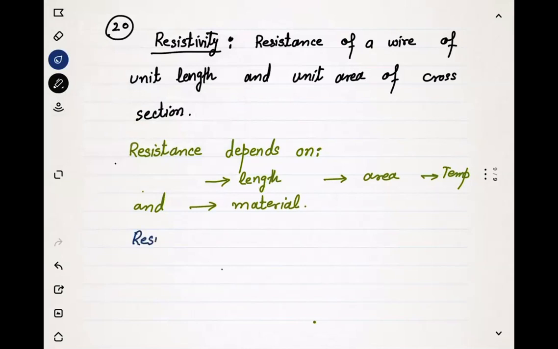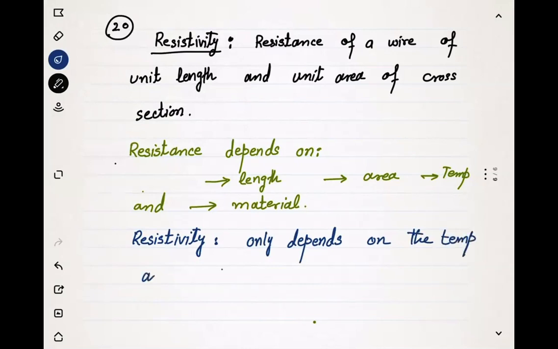Resistivity is independent of the dimensions. It only depends on the temperature and material, nothing else. So these are the two factors on which resistivity depends.